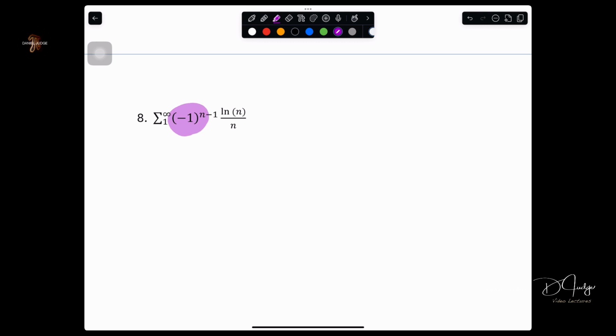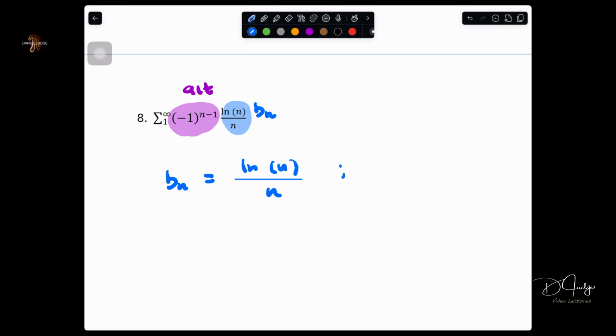Okay. Alternating mechanism, Bn is natural log n over n. And it looks like these terms are going to be positive, so you can say Bn is greater than 0 for all n. But which one's increasing faster, the natural log or n? I think n is increasing faster than the natural log.